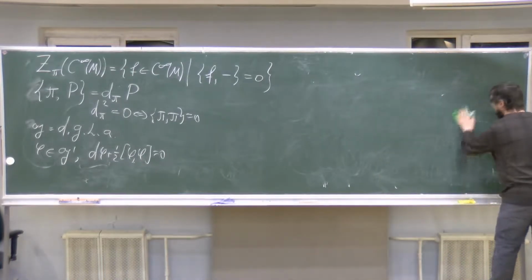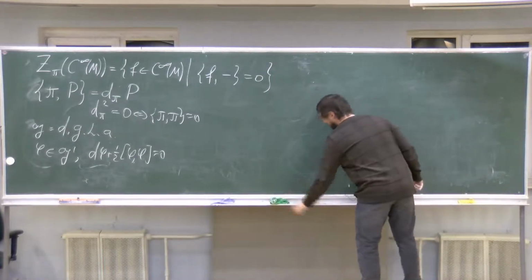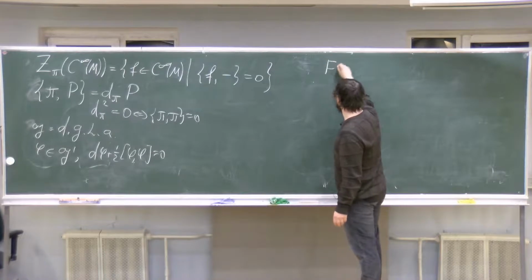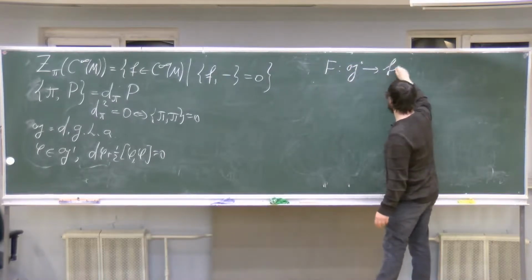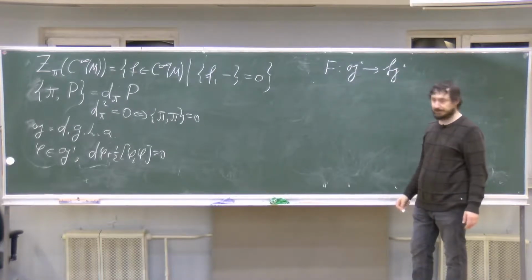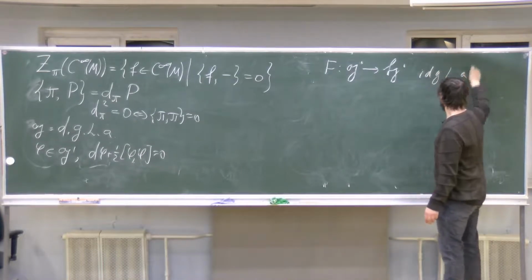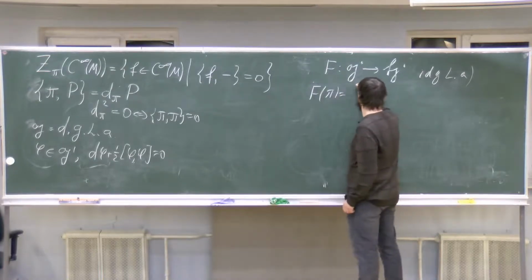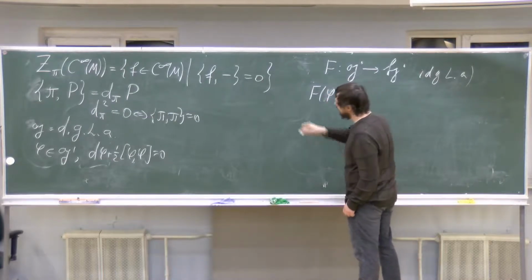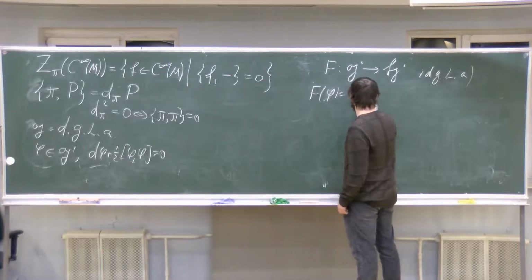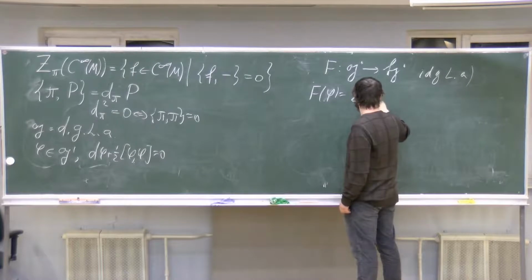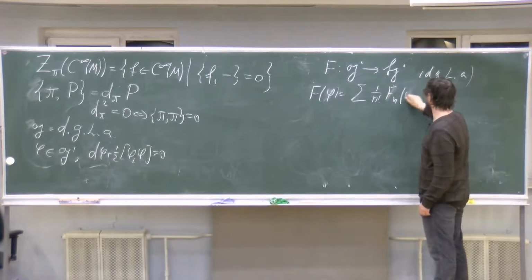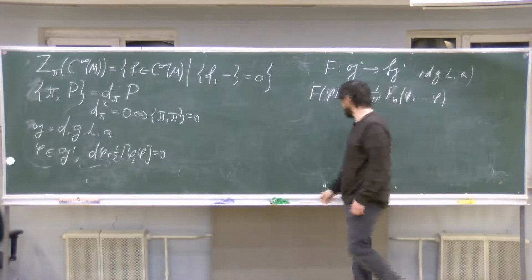The application of Kontsevich's theorem to the deformation quantization business was based on the following observation: if you have an L infinity map F from G to H, where G and H are two differential graded Lie algebras, then F of phi, where phi is a Maurer-Cartan element, equal to the sum of 1 over n factorial F_n of phi, phi, and so on, is also a Maurer-Cartan element.